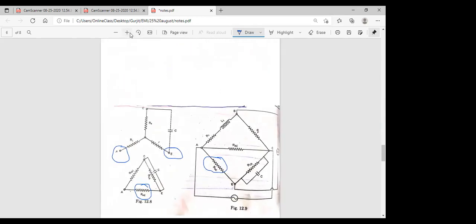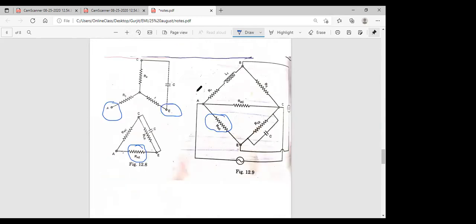So try to understand how I am converting this star delta connection, this diagram into this diagram. To convert this diagram into this diagram, we are using the concept of the star delta connection. In the star delta connection, this one is the star connection we have.